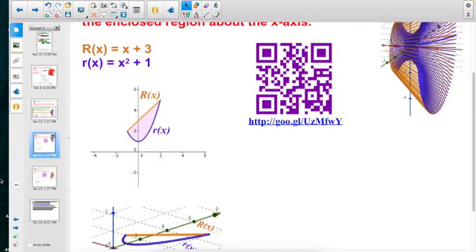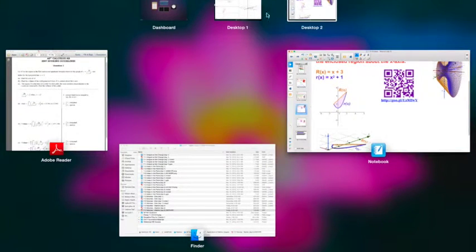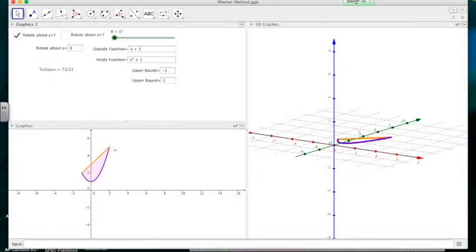Okay, and I also have here, if you take that Google URL, another GeoGebra file that you can work with to generate these solids. I've got that file pulled up here.